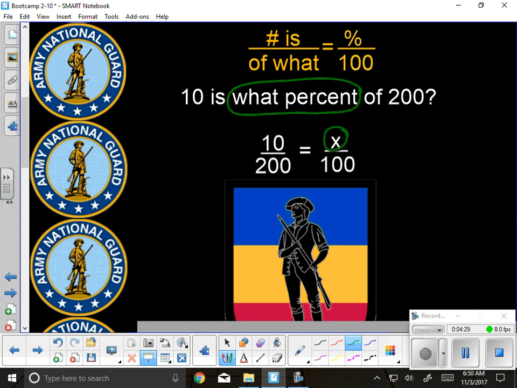Always looking for x over 100, because like I said before, percents are over 100. Remember right here it says 10 is of. So number is over of what? With that, we know that 10 is going to go over 200 and be set equal to x over 100.